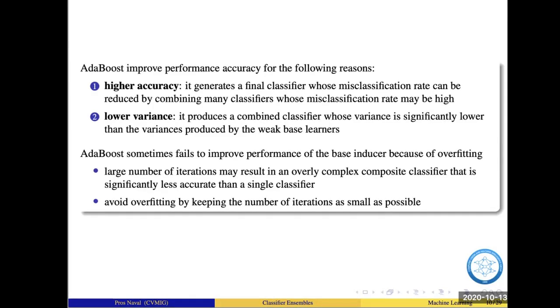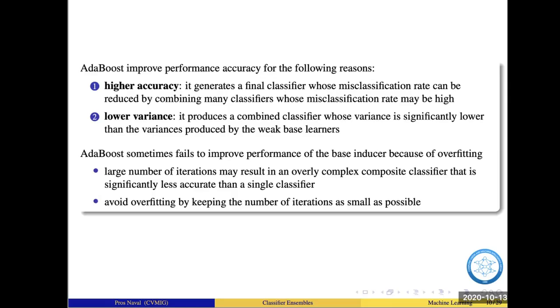The probability of a classifier being correct is, say, 51%. If you put many of them together, you can get arbitrarily close to 100%. Of course, you need a lot of these classifiers. So having a lot of these weak learners together can give you very high accuracies.